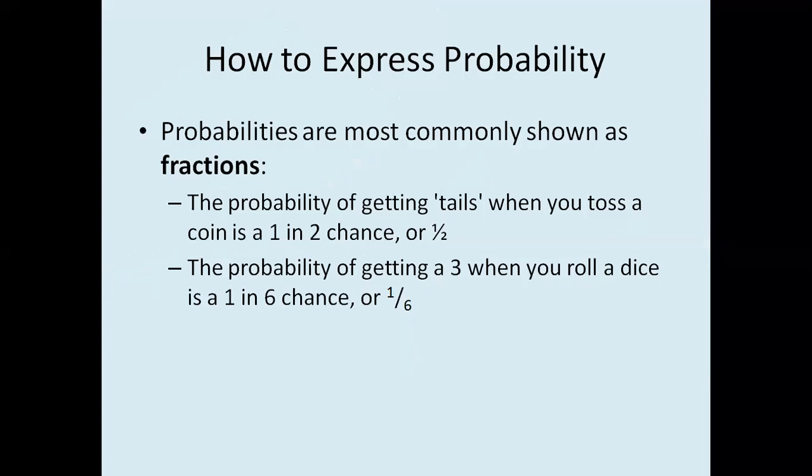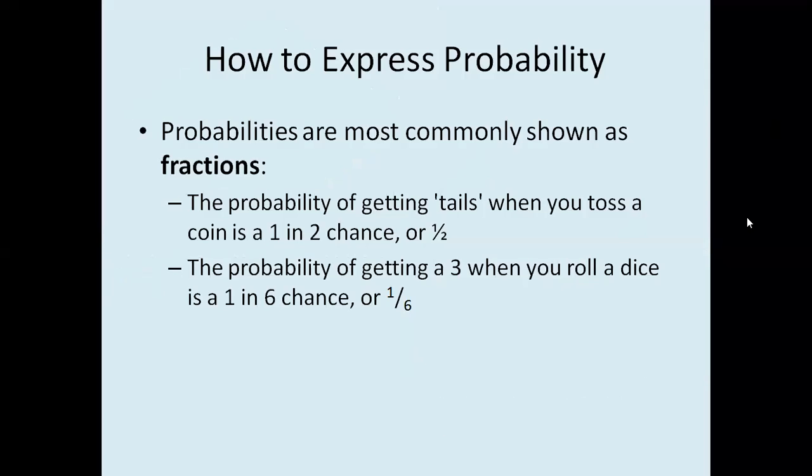Okay, how to express probability? I already told you we can express it as a fraction. The probability of getting tails when you toss a coin is 1 in 2, or we write it as a fraction, 1/2. 1 tail over 2 outcomes, head or tail.